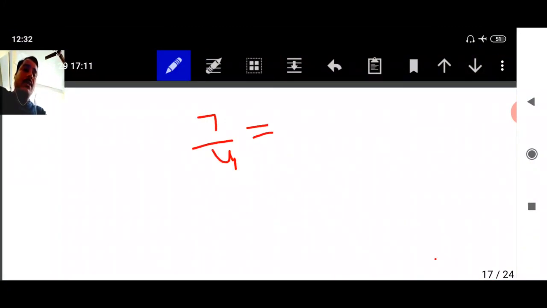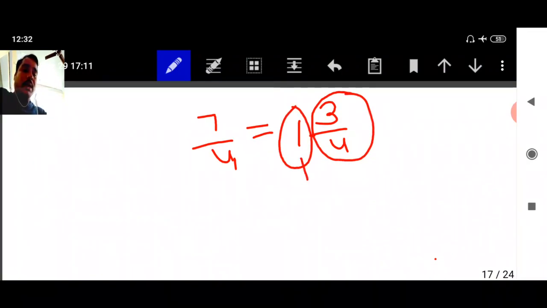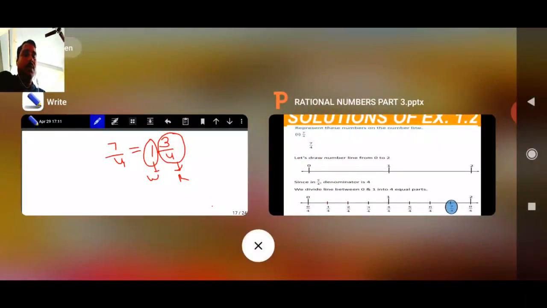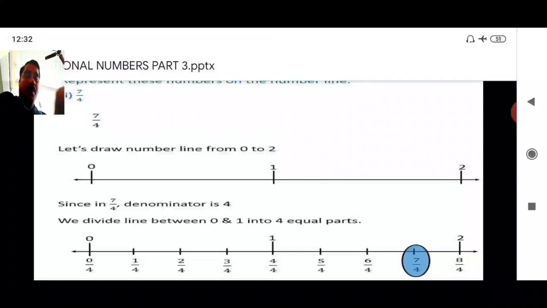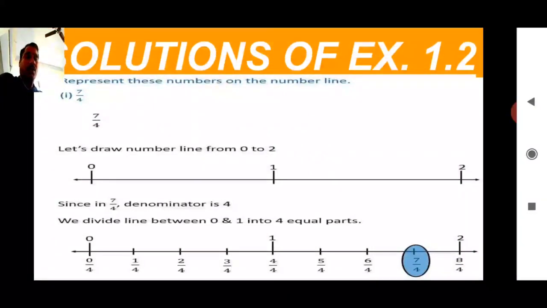we can convert it to 1 and 3 by 4, and this number lies between 1 and 2, because it is a whole number plus a fraction, and in this situation the number lies between a whole number and the next whole number. So the number lies between 1 and 2. So we first draw the number line from 0 to 2. Then make 4 equal parts between 0 to 1 and 1 to 2.